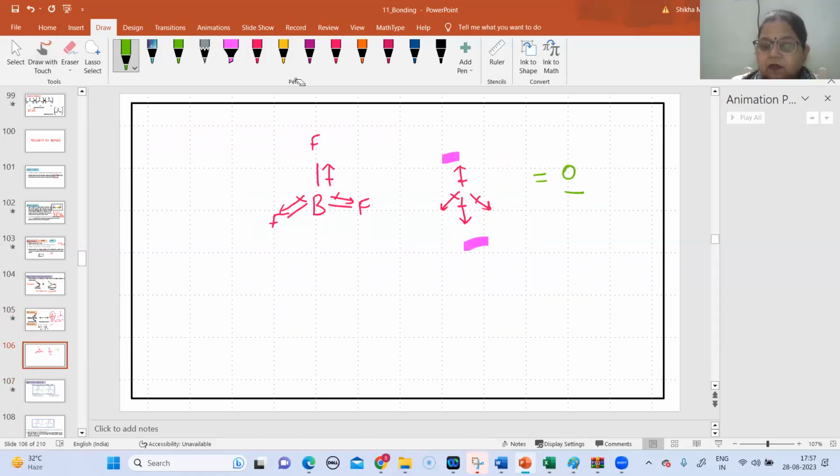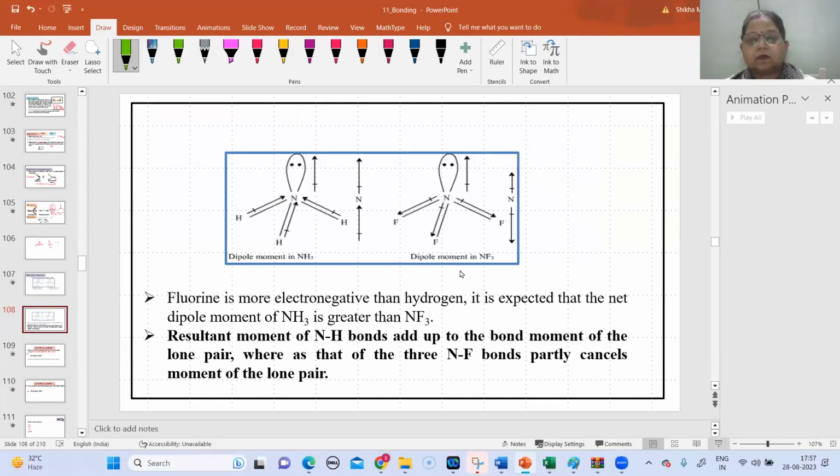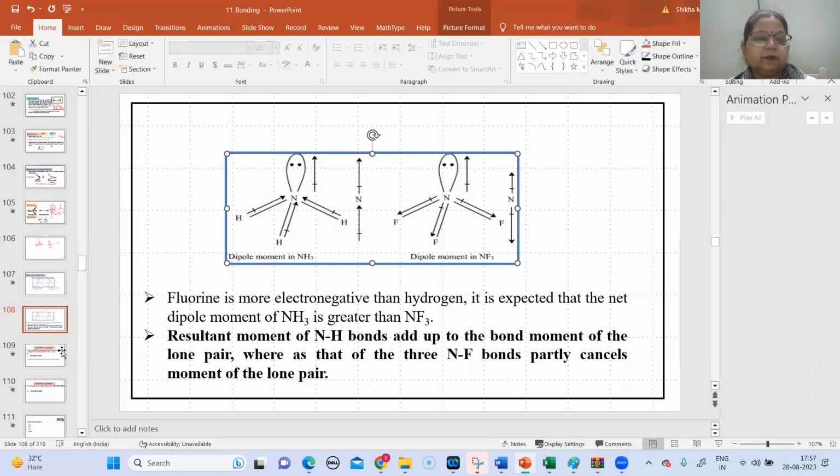Now, I have an interesting question for you, which is explained in NCERT also. Let me put it on a separate slide because the answer is visible on this one.